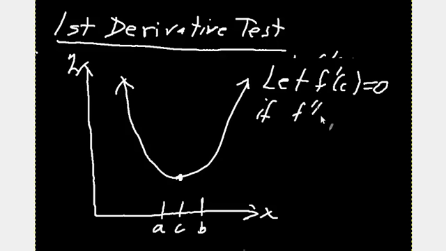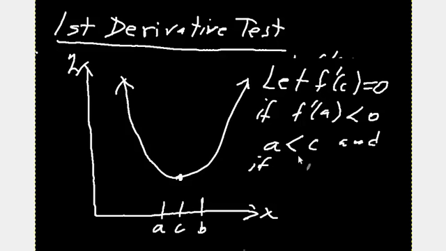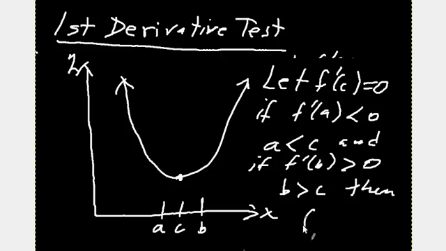So if the first derivative at A is negative, for some value A that's less than C but nearby, and if the first derivative at B is positive for some value of B greater than C but nearby, then we know without a doubt that f of C this time is a local minimum.